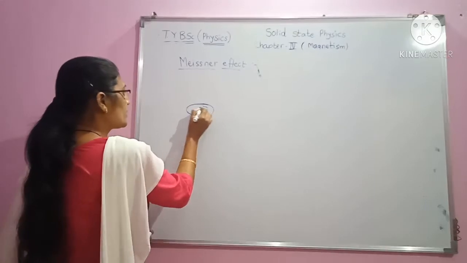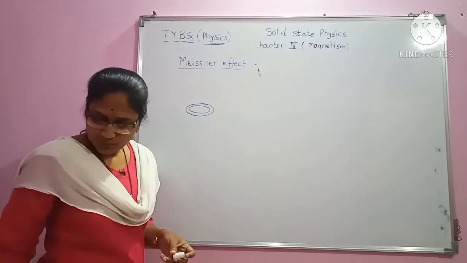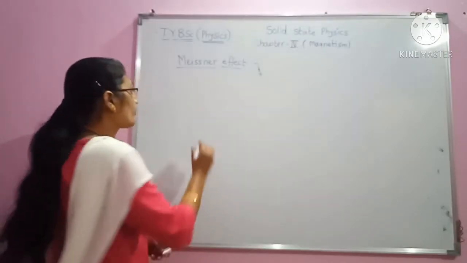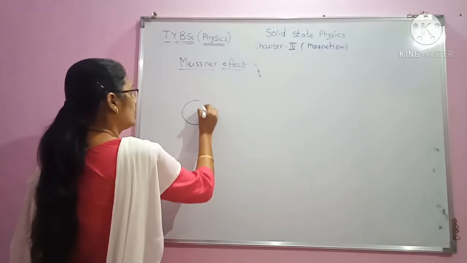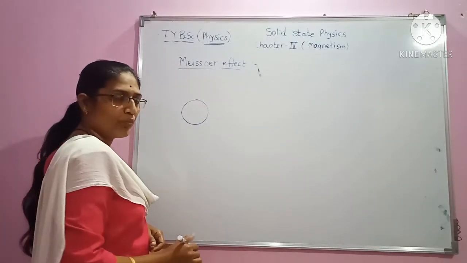Suppose this is a superconducting ring, or suppose I have taken one superconductor which is in the normal state. How do we denote the normal state?